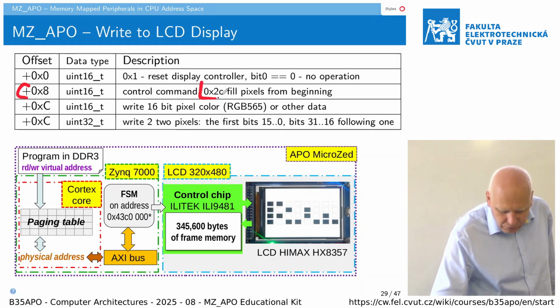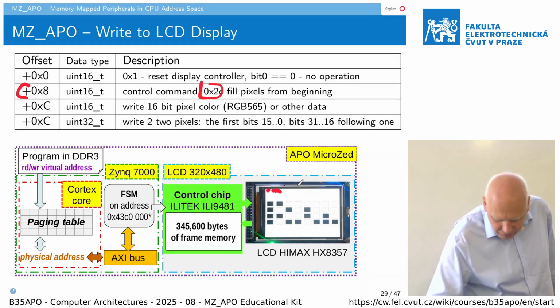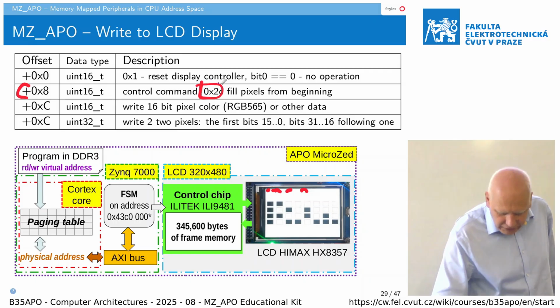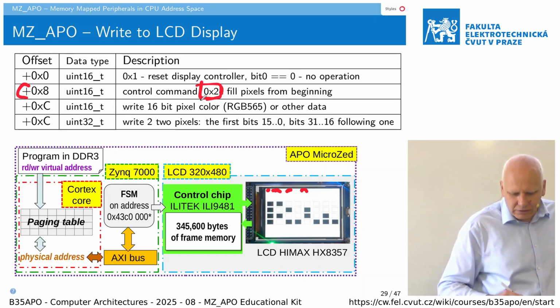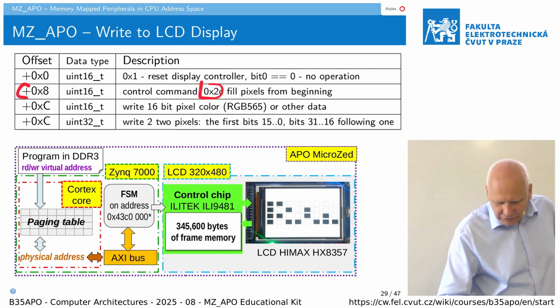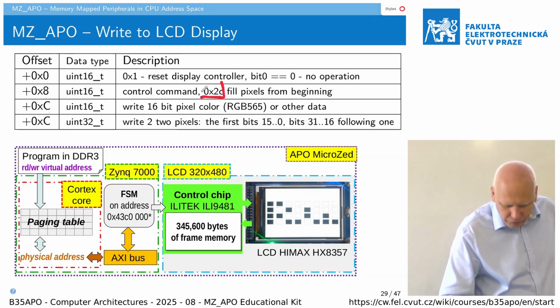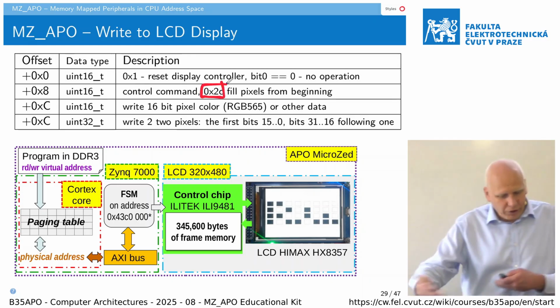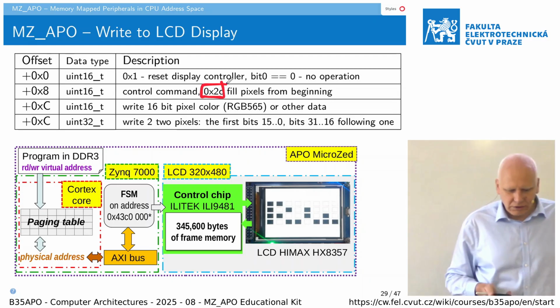But if you want to start to send data from the upper left corner, then you can send this command 2C, which informs the display that pixel colors follow, which will be written on the display.